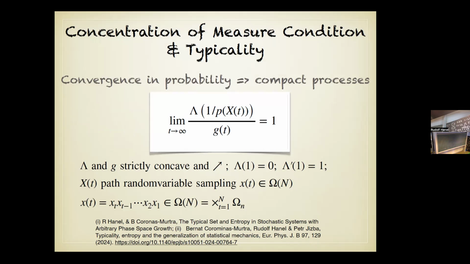So we said lambda of 1 over x divided by g of x goes to 1.